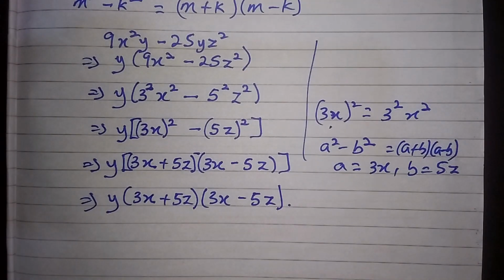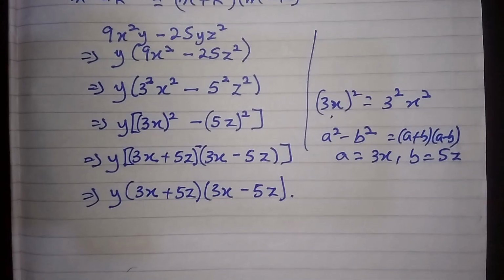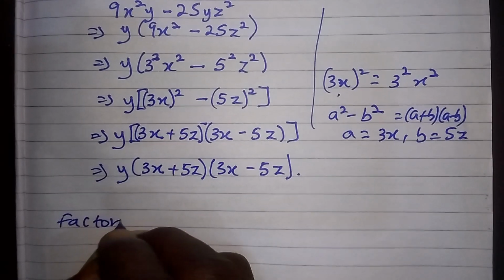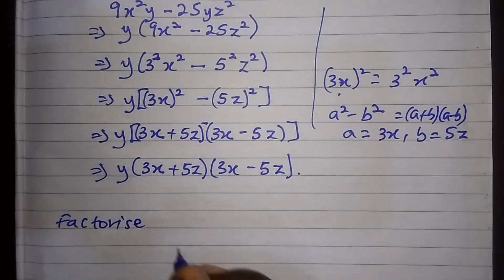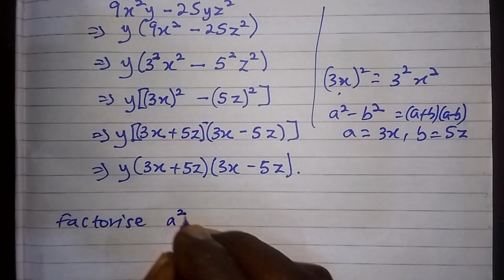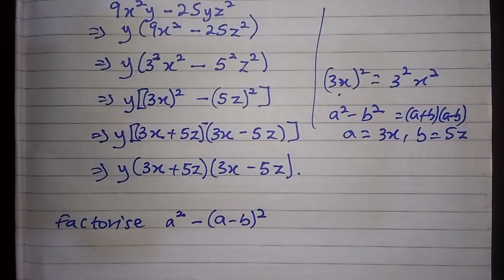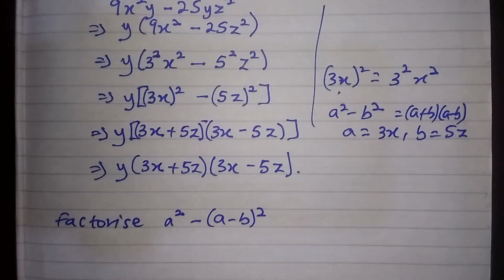So without wasting much time, I'd like us to consider another example to deepen our understanding of difference of two squares. We want to factorize a squared minus a minus b all squared. Let's get on it.